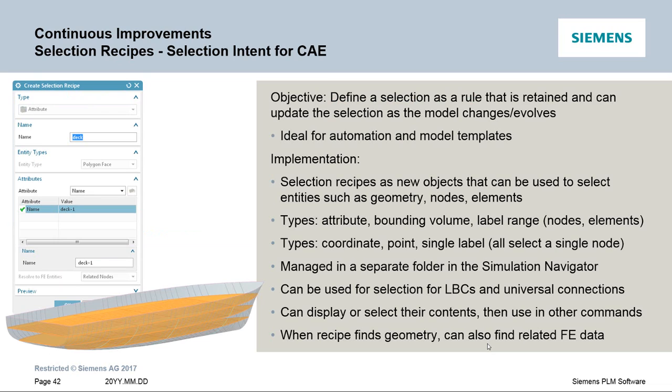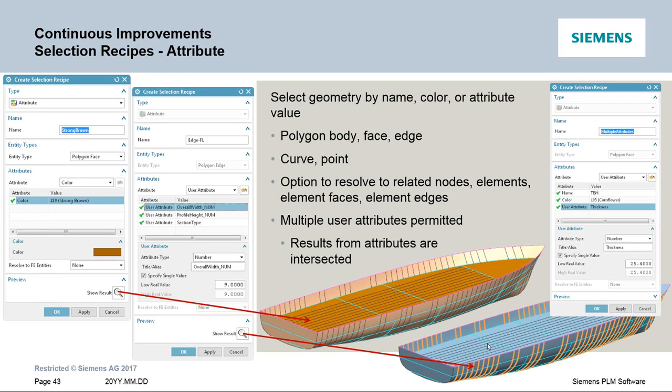We also have some new capabilities in Simcenter 12 for selection recipes, and this captures the selection intent for CAE. Here you can define a selection rule, and this can be based on attributes, bounding volumes, node or element label ranges, and then this can be used in the creation of a load or a constraint.